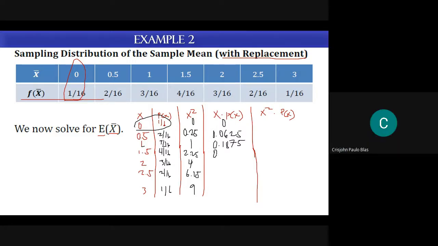Very good. 2 times 3 over 16, that is 6 over 16, 0.375 din ba to?